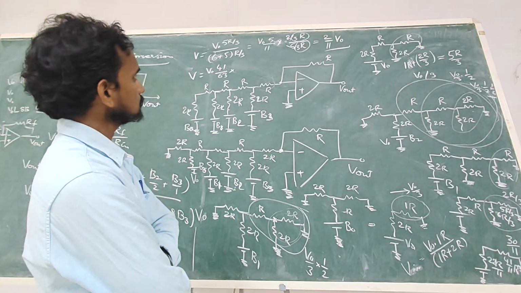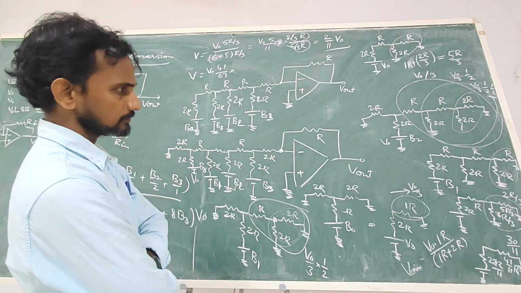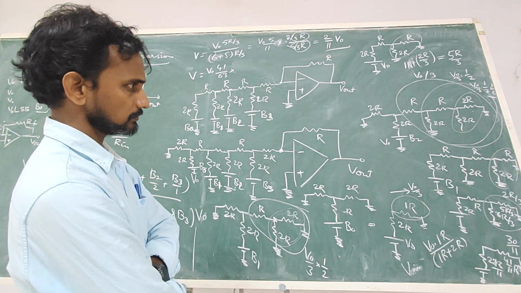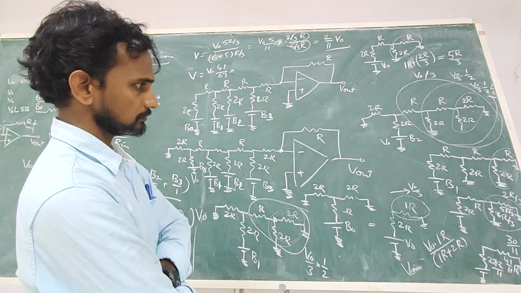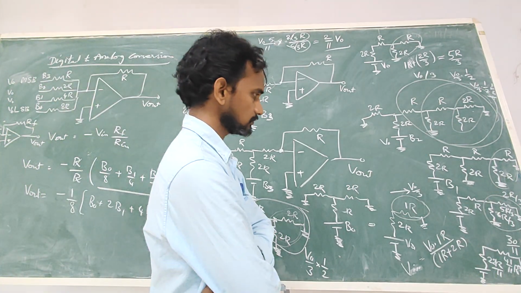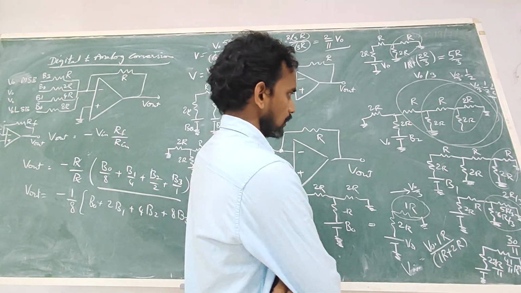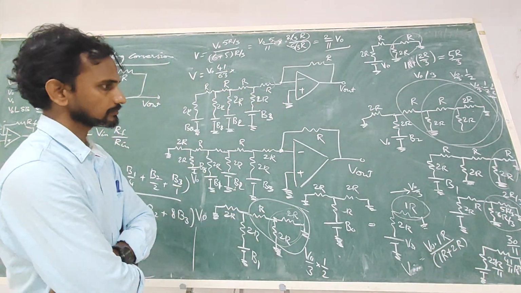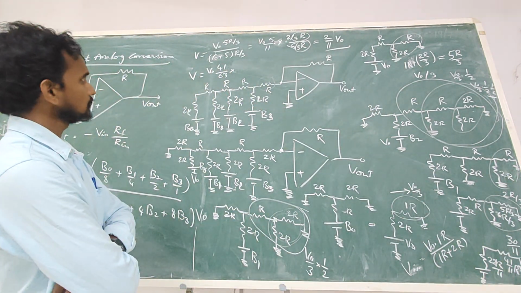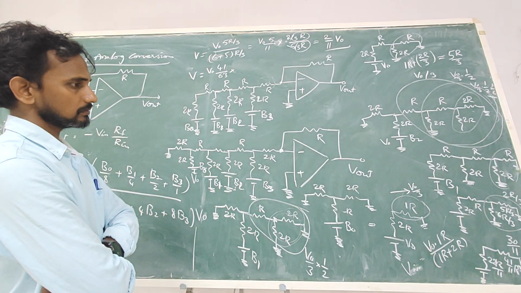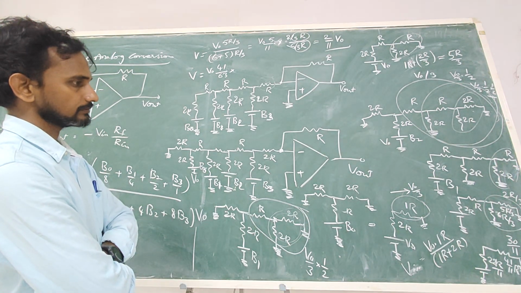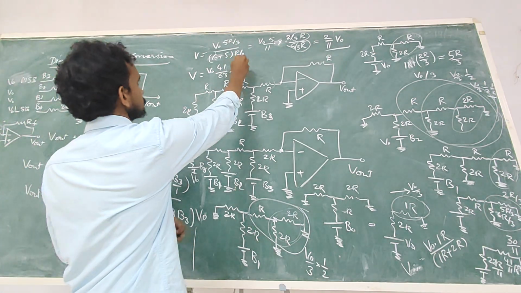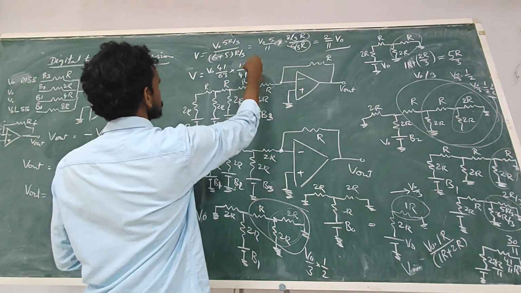So that portion is now divided between R and 30 by 11R. And 30, it is 11 by 41.